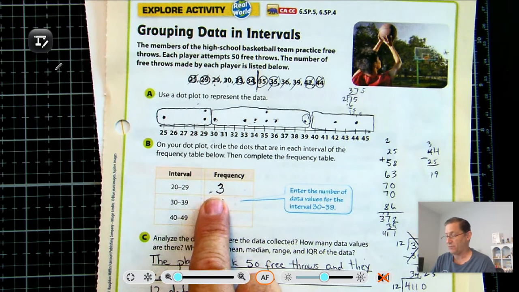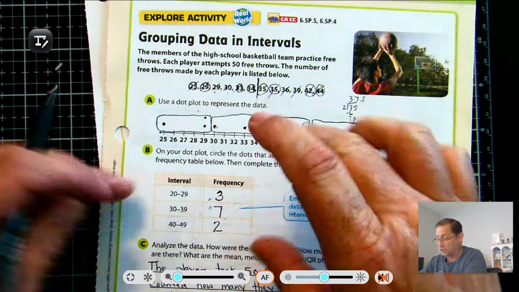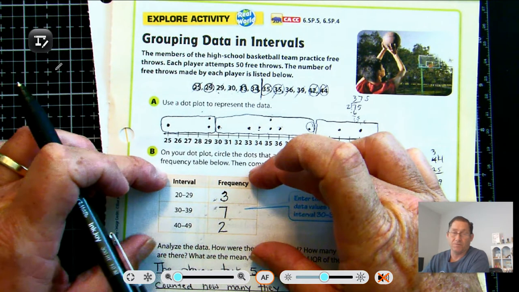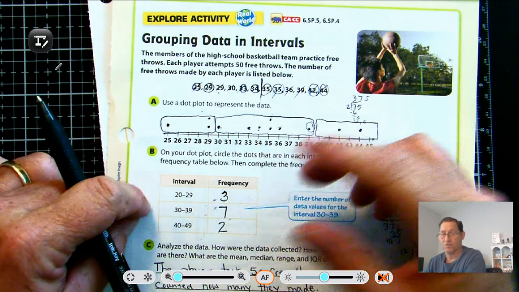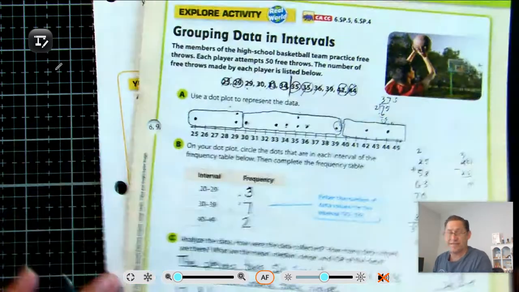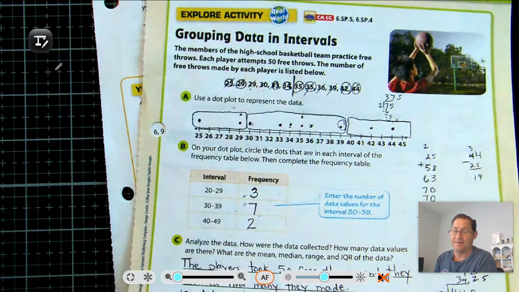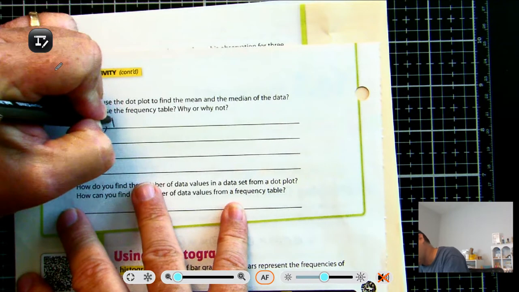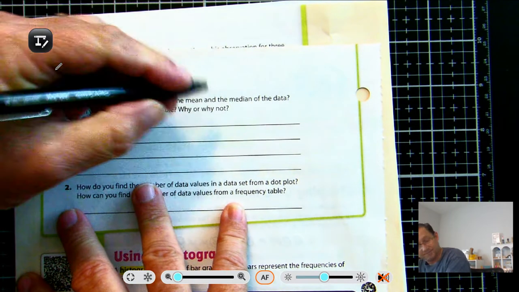20 to 29. We don't know what those specific numbers are if we're just looking at the frequency table, right? I don't know if there was a number that was 20, if it was 29, if it's 28. So I can't use the frequency table to find the mean and median. So no to the second question.